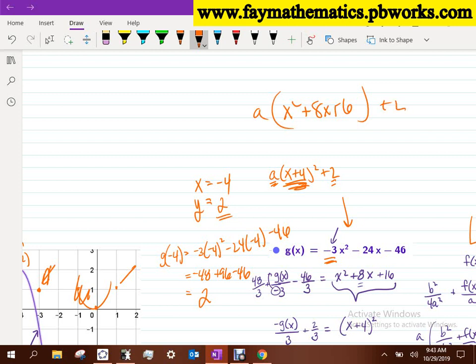So the only way that I can make this work is if I multiply that a through: ax squared plus 8ax plus 16a plus 2. The only way that I can get that number right there to match up to that number right there, and these things to combine to those two numbers, is if a is negative 3. Does that kind of make sense to us?